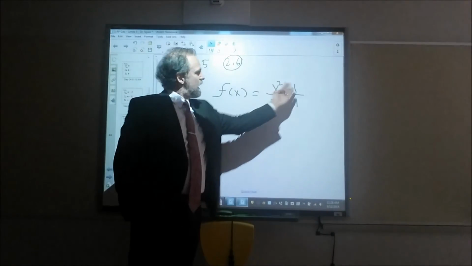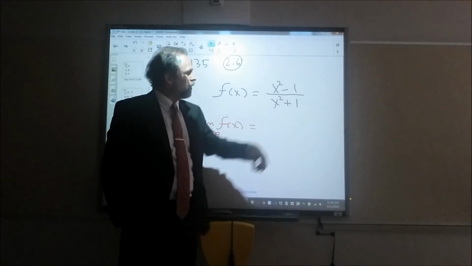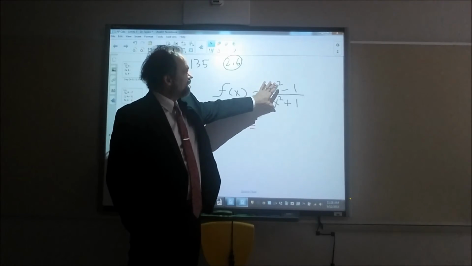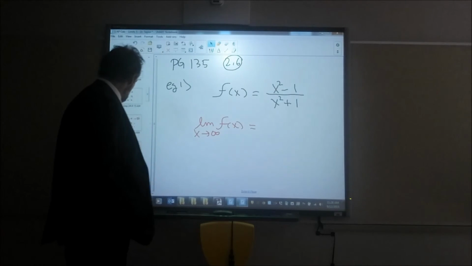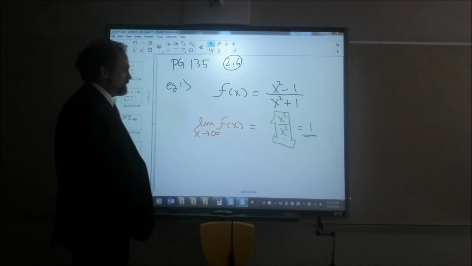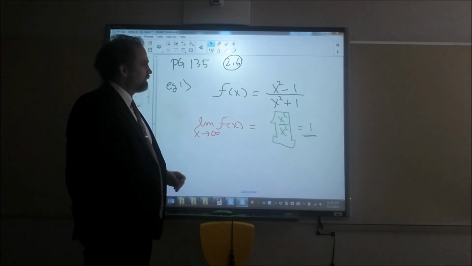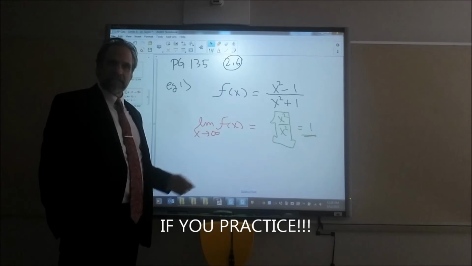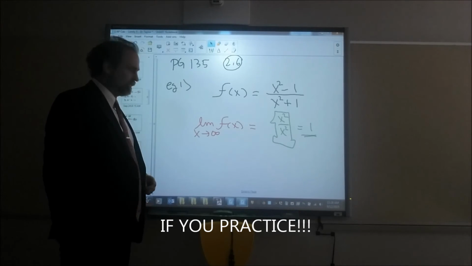So I can ignore what's not a variable, that's the negative one and the positive one. And I could ignore all except the highest top and bottom value. Well, that's only one choice each, so basically I get x squared over itself, which is 1. And my limit is 1. It's powerful, isn't it? Makes it easy, right? This stuff's not hard. It's the algebra that's going to kill you, not the calculus.